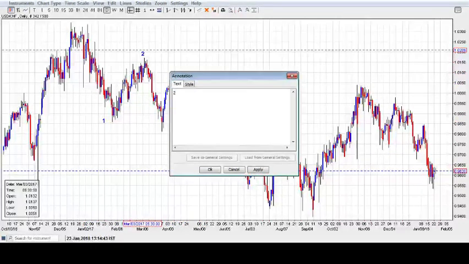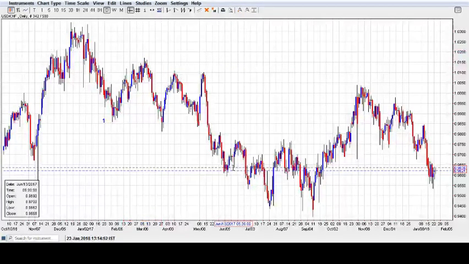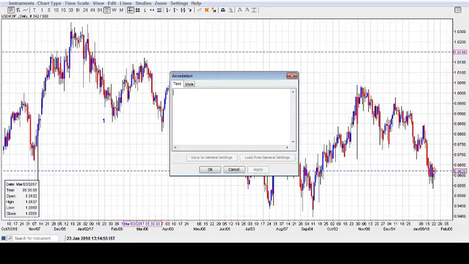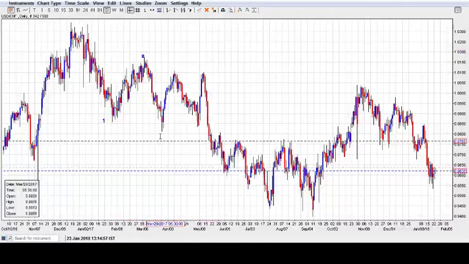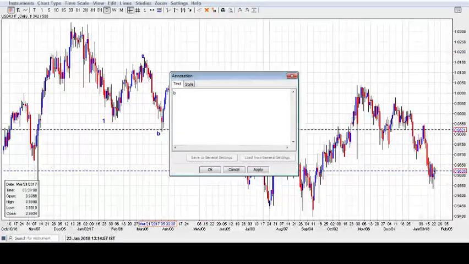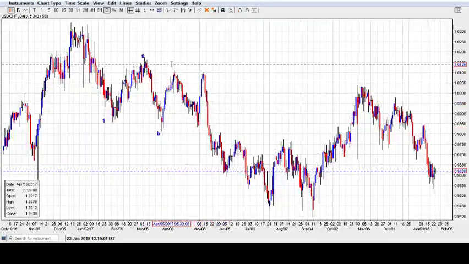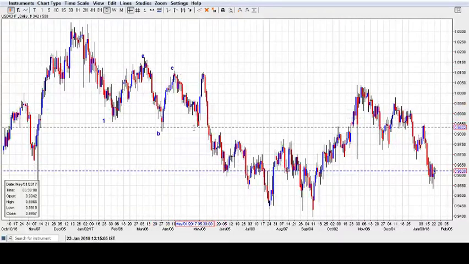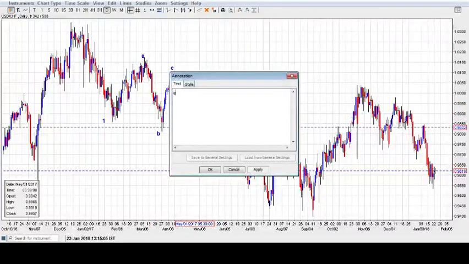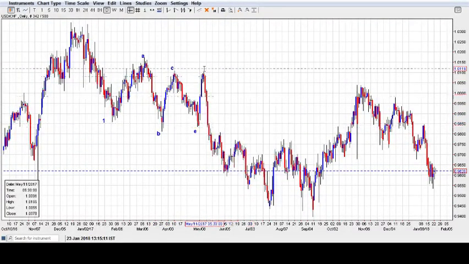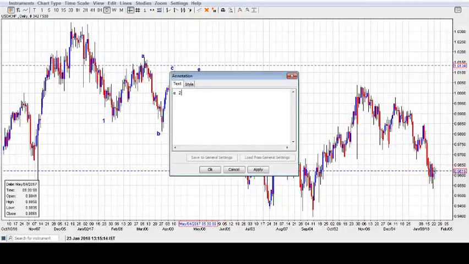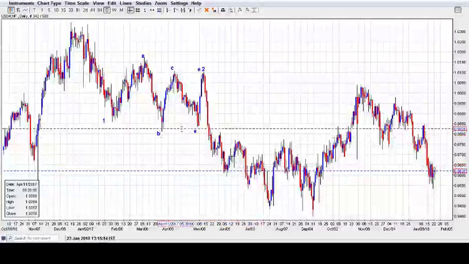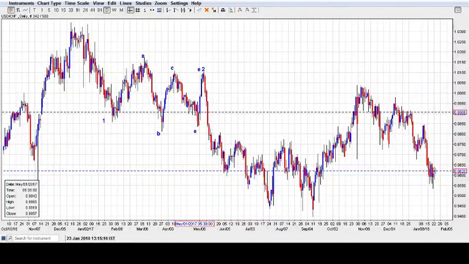I think that was wave 1, 2, sorry, A, B, C, D and E. I think that was a barrier triangle, looks more like a bearish triangle pattern.